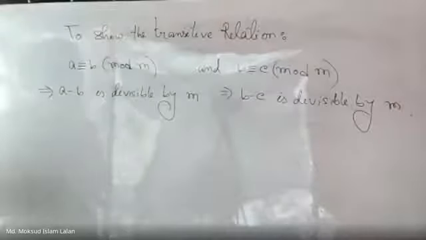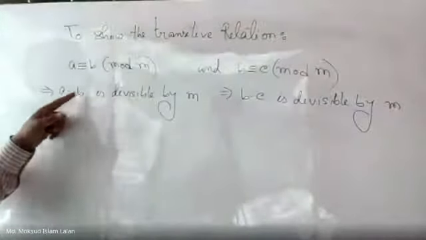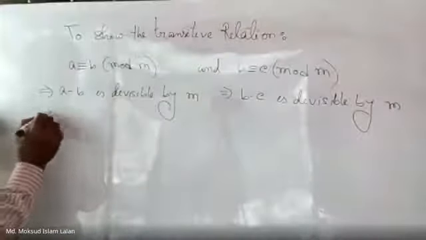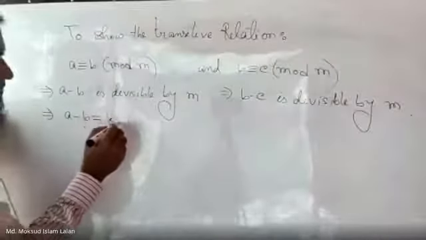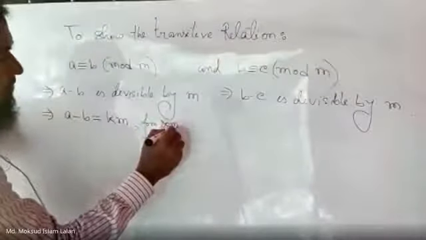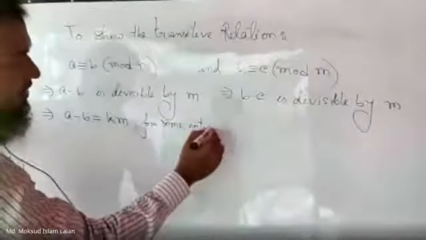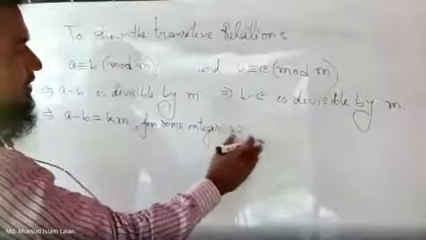Up to this clear? We have just written this same line. Can I write? So actually, this is divisible by M means we can write A minus B equals KM for some integer K, which is definitely greater than 0, right?